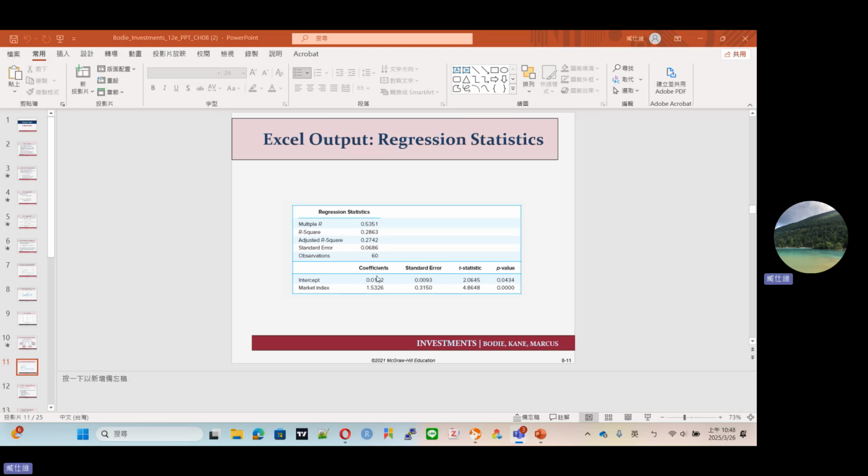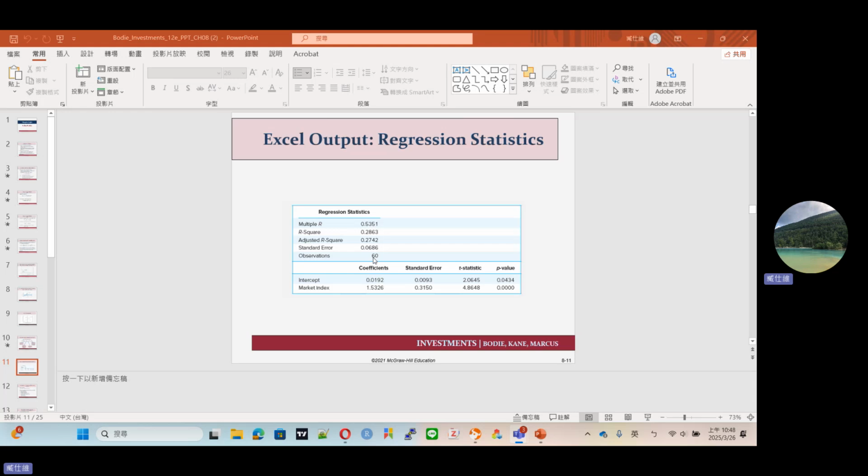Suppose some students prefer to use 6 months. Some students prefer to use 1 year. Some students prefer to use 5 years. So everyone will get a different beta, right? If you run the regression, you'll get different betas.